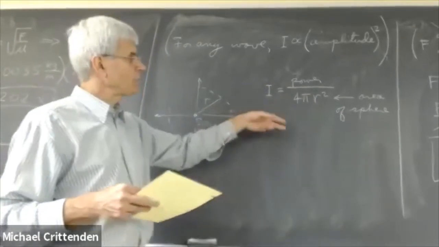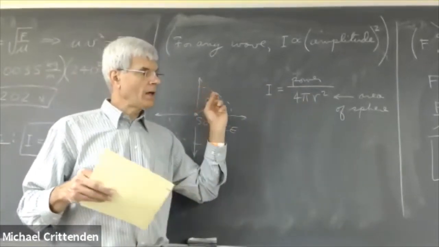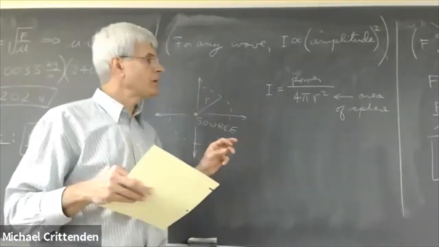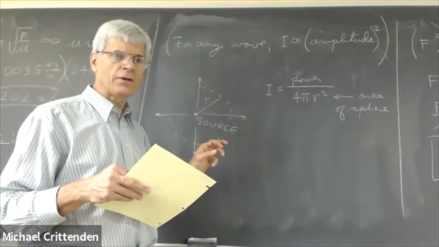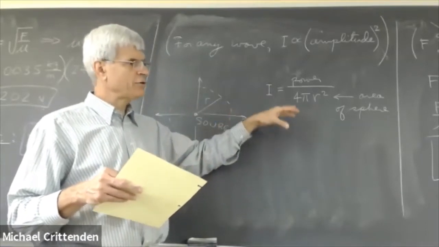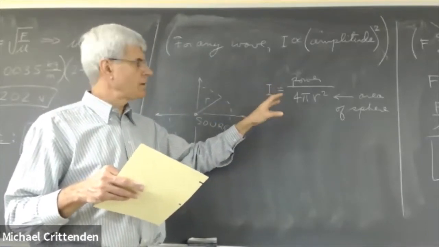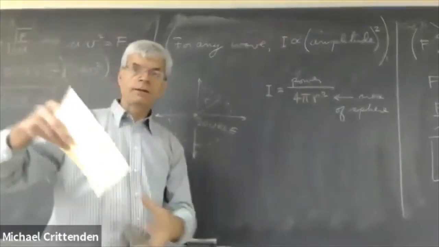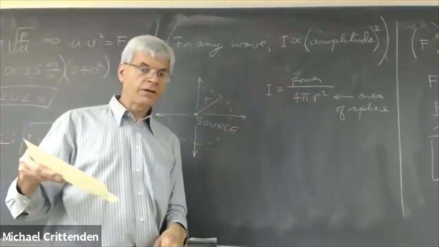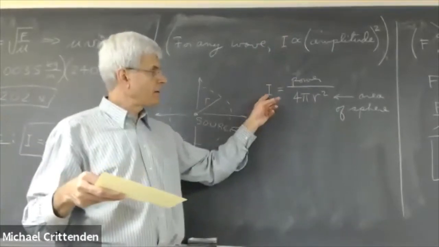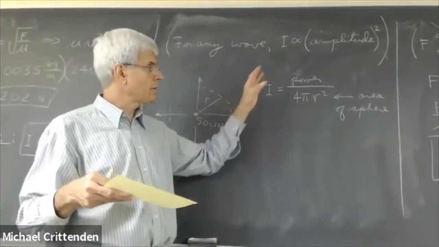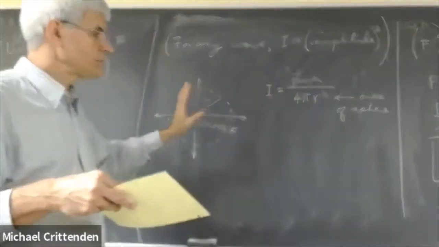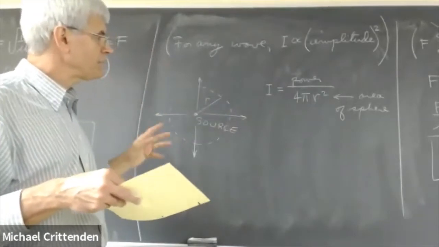Actually, it's not just waves that work this way. As we'll see in the case of gravity, pretty soon, actually, I think that's the next unit in the course, the strength of a gravitational or electric field drops off as the inverse square. Anything that propagates outward in 3 dimensions like that is going to be an inverse square law, whether it's some kind of wave or whether it's electric flux or the strength of a gravitational field or anything else.